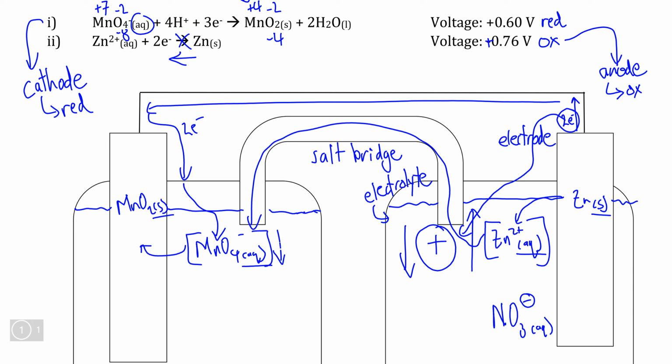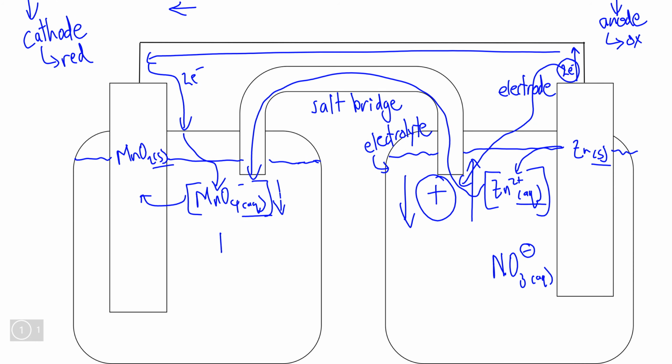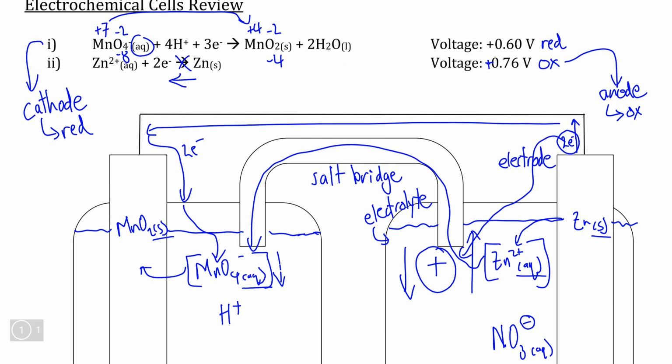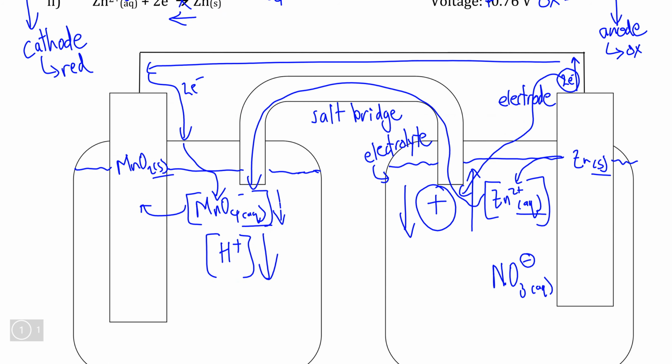Because if we also consider the fact that this is balanced in acidic solution, as the permanganate is consumed in the reduction reaction, we can see in our reactants that acid is also consumed by this reaction, meaning that we have a positive charge that is constantly decreasing as our reduction reaction happens.